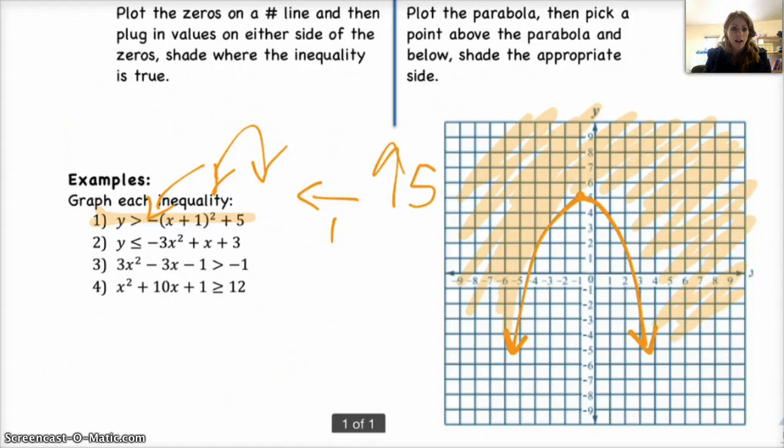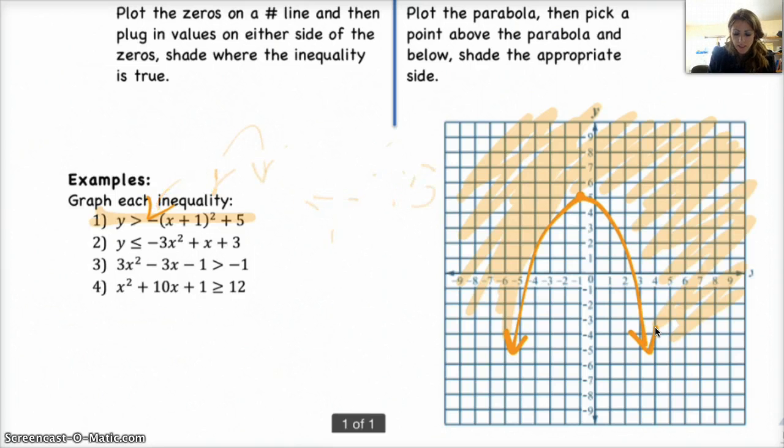And the only thing I have left to do is figure out, do I have a dotted line for my parabola, meaning that the parabola itself doesn't work as a solution, or do I have a solid line, right? Because it's a greater than, not a greater than or equal to, it's got to be a dotted line.